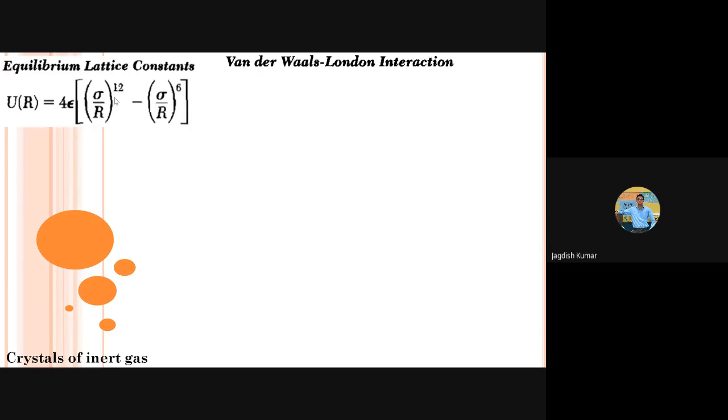Crystals of noble gas mean we have so many atoms brought together to interact in some small volume, and that leads to crystal formation. So we want to see what kind of crystals they can form, and what the lattice constant will be. We want to obtain the expression for the lattice constant here.